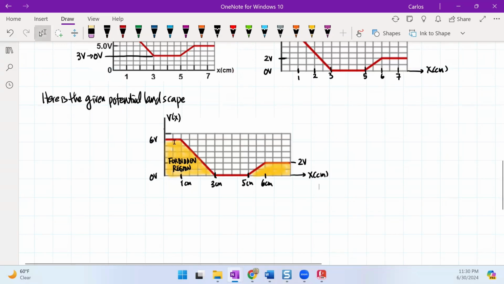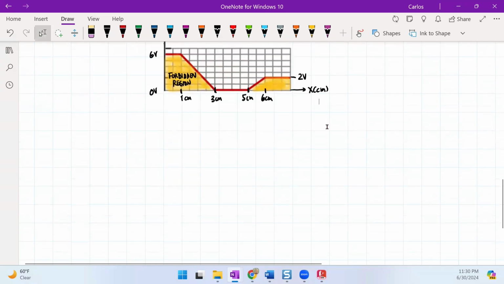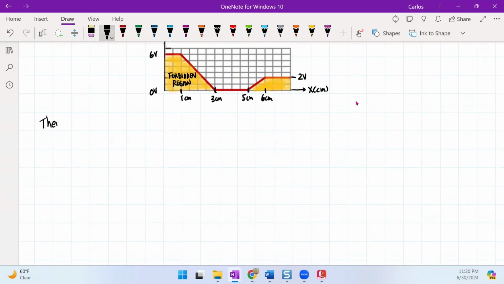So I need to know everything about this curve. We can see that there are 5 different regions of motion.